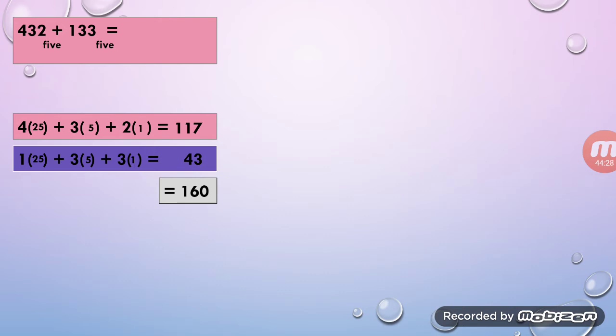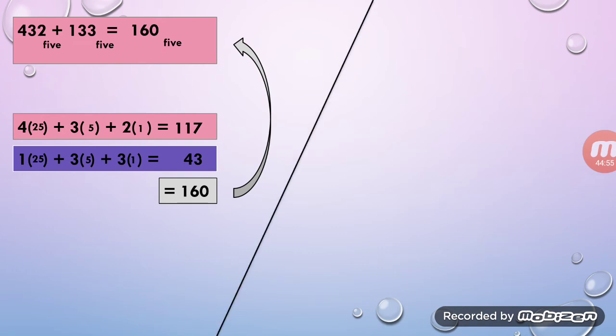You're going to add the answers together, and the sum will be the answer you're looking for. And if you want to be able to check that answer, you can simply break apart the answer, the sum number, and do the same trick that we just did for 432 and 133. And if you get the correct answer, then you're on a roll.